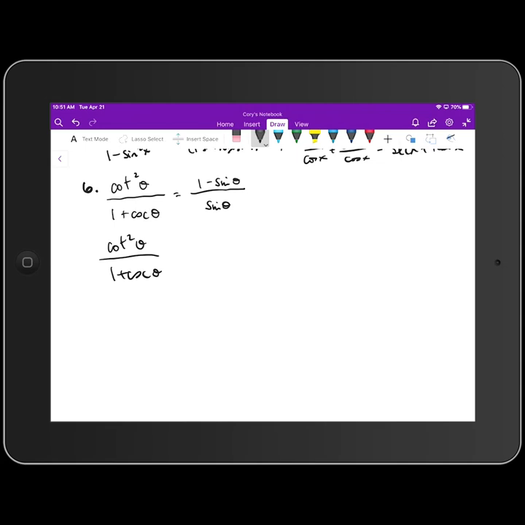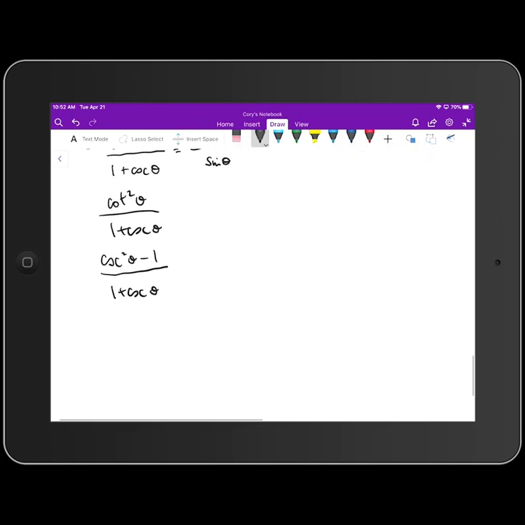And I think it's the better choice because the numerator is cotangent squared. And using the third Pythagorean identity, I can get that written in terms of cosecant. Okay, so cotangent squared is going to become cosecant squared minus 1 over 1 plus the cosecant of theta.